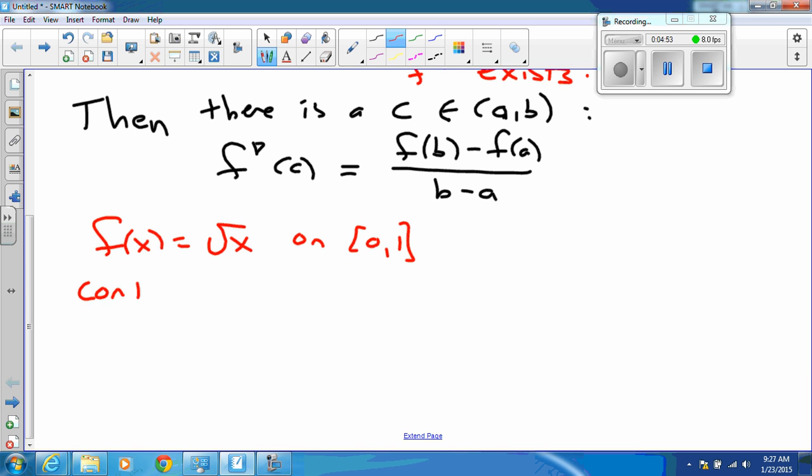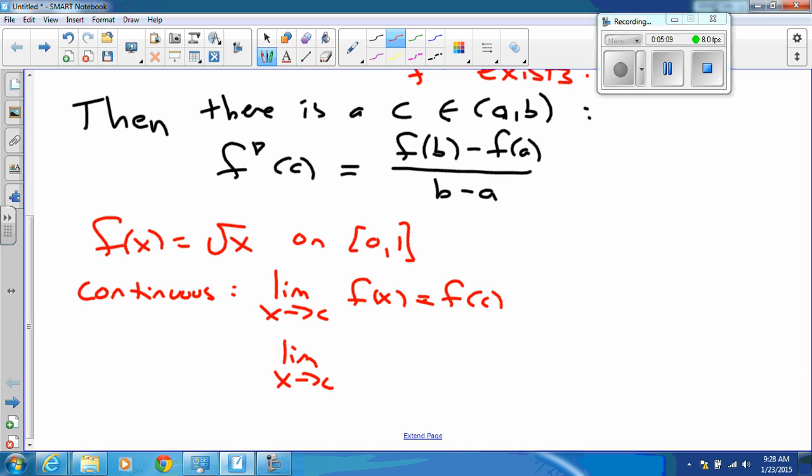And I remember that continuity means that the limit as x goes to c of f of x equals f of c, and the limit as x goes to c of the square root of x is simply the square root of c, and so we have continuity for every single value of c in the interval 0 to 1. That's our continuity check.